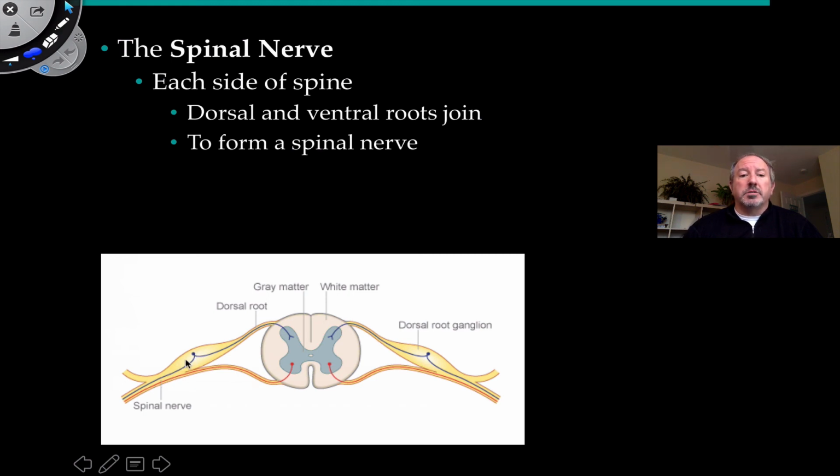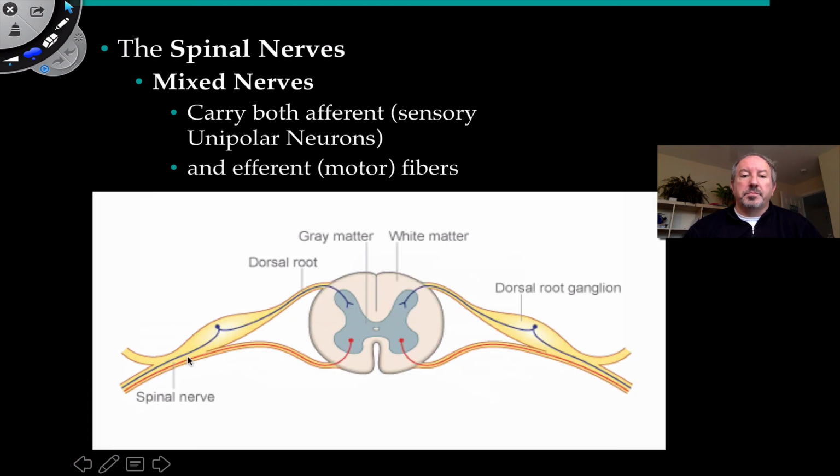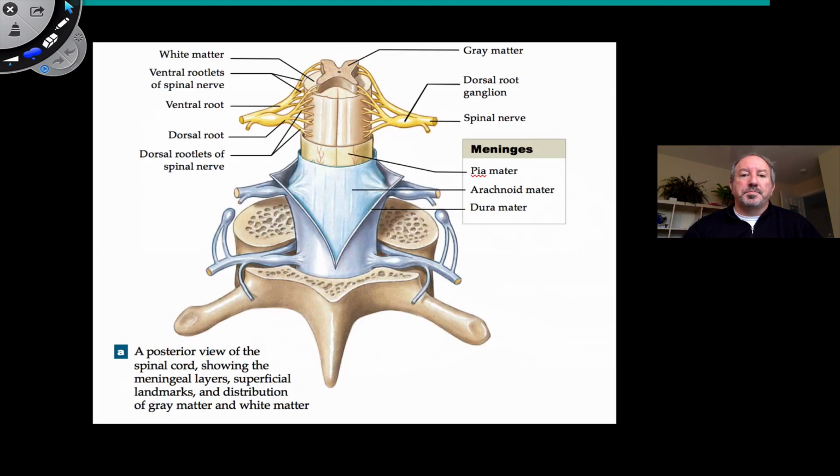You can see here's the unipolar neuron, and of course there are many inside the dorsal root ganglia right there. Okay, and again, mixed nerves in the spinal nerve carry both the afferent sensory information in a unipolar neuron to the spinal cord, and then efferent motor neuron fibers are carrying nerve signals out of the spinal nerve, both on the left and right sides.